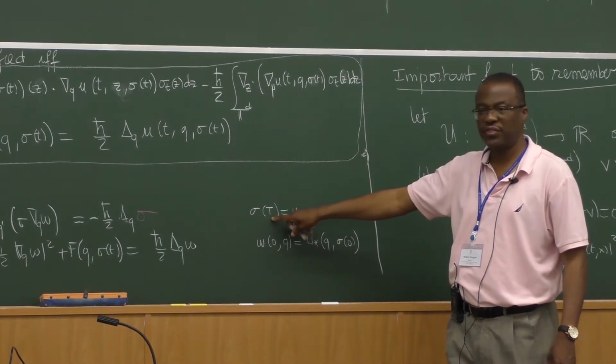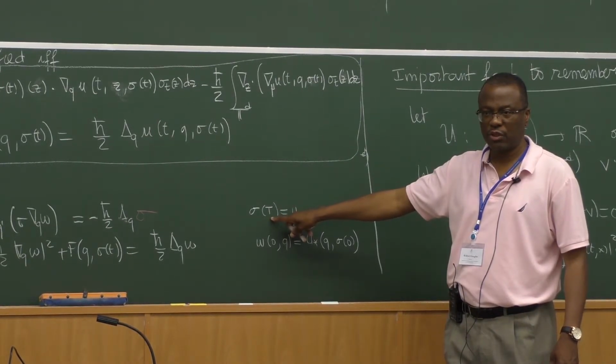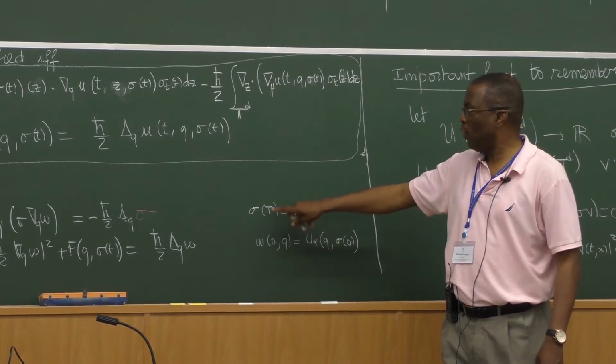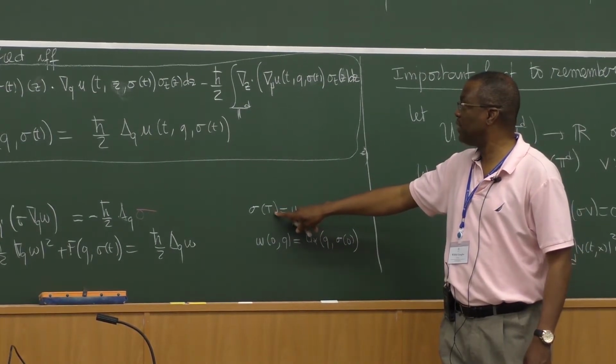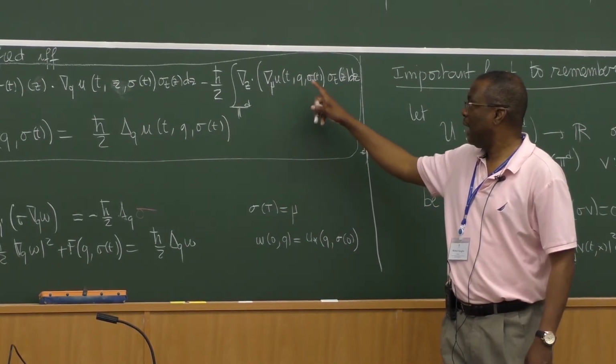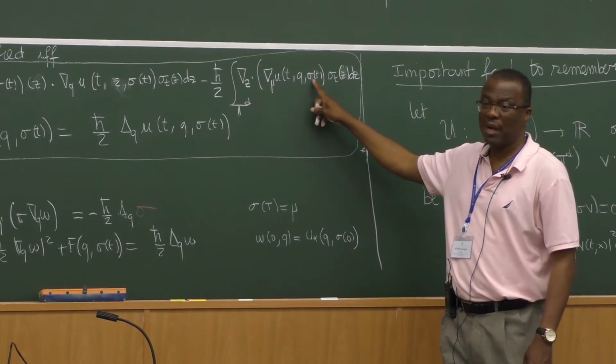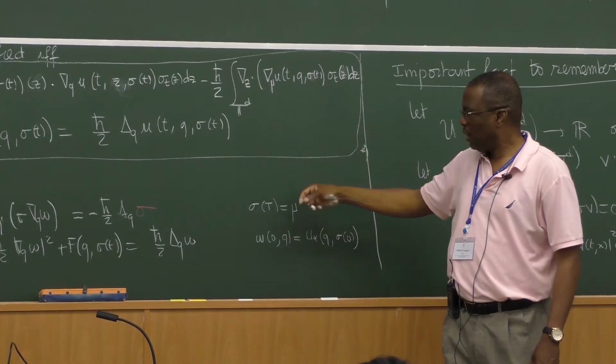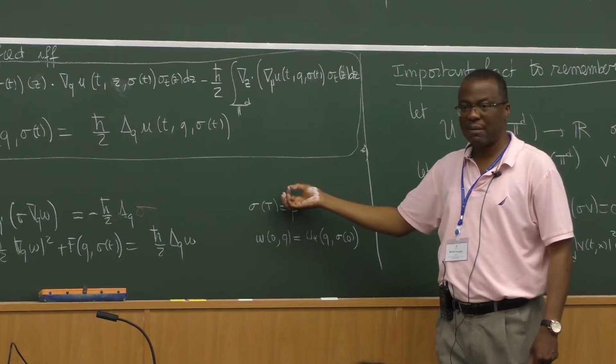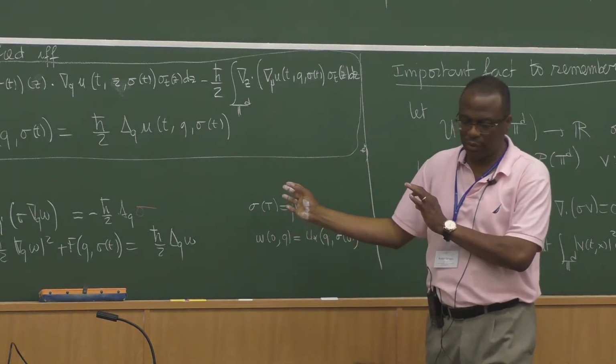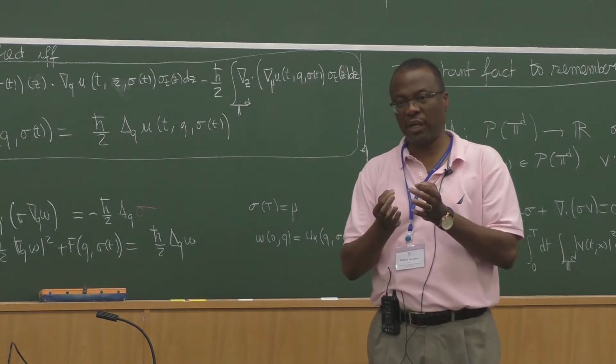It will be true for t equal to capital T. So when I replace t by capital T, then I replace sigma by mu. But I can vary my capital T. So here capital T is an endpoint.